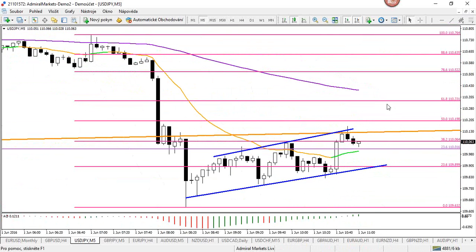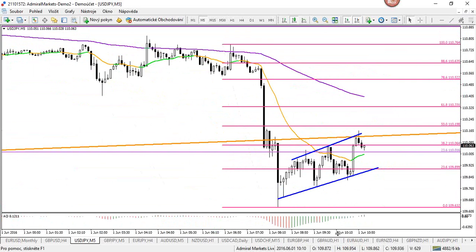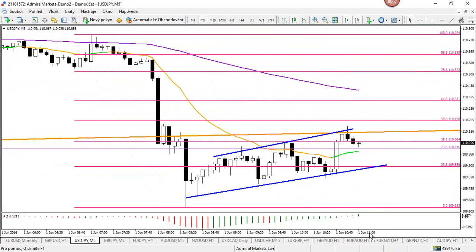I'd rather wait for this area, a bit higher, a bit more cautious on this one. Or if it fails to break this high, maybe 5-6 candles from now, for instance, that could be a different story. But for the moment, we'd rather wait for the break of this channel or a push up to the pivot point.